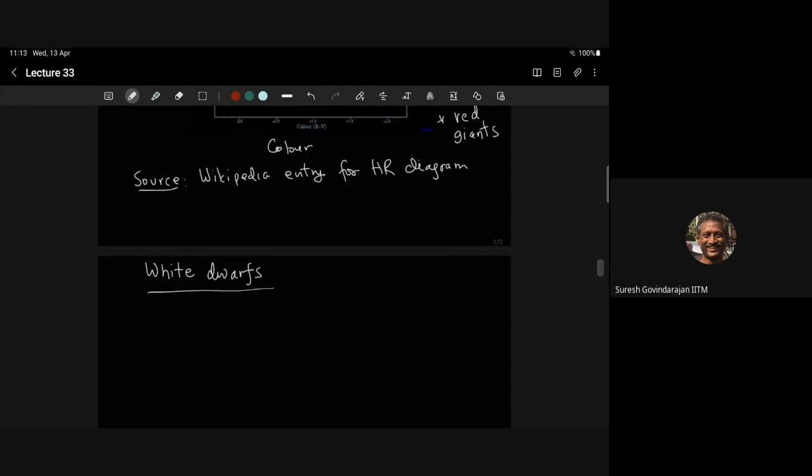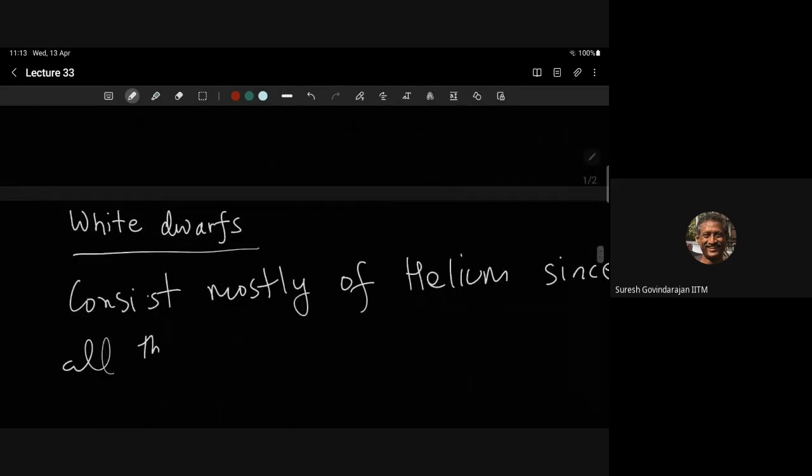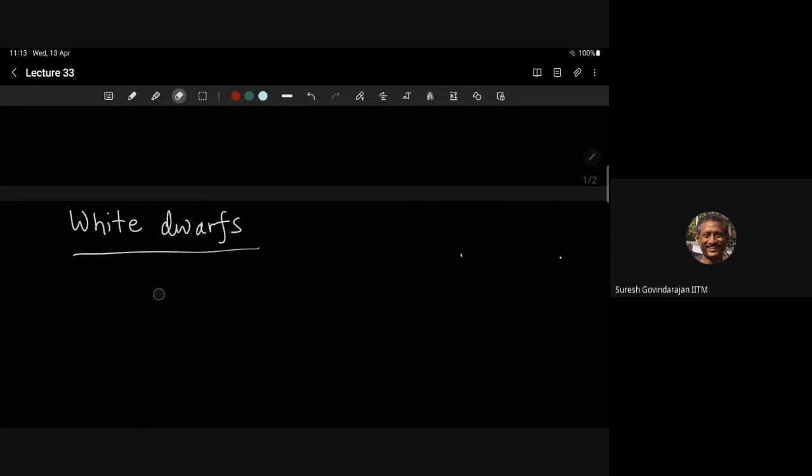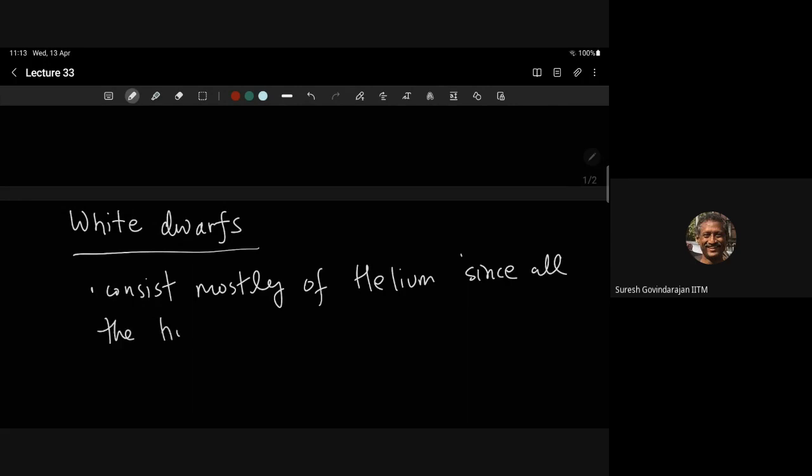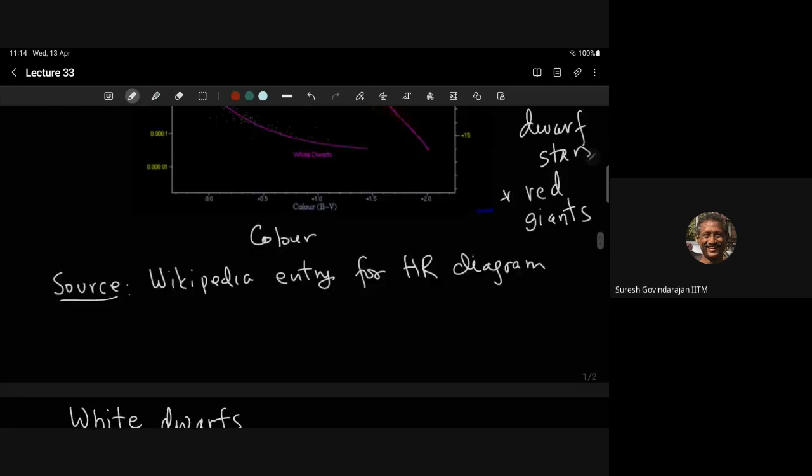So white dwarfs consist mostly of helium, since all the hydrogen is used up, and they tend to be dim, because if you look here, they are in the lower end.